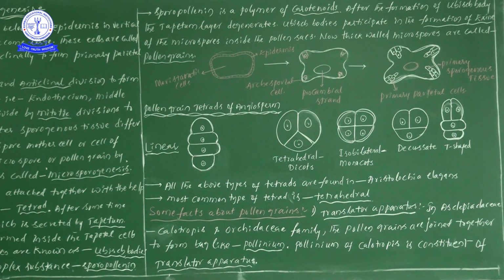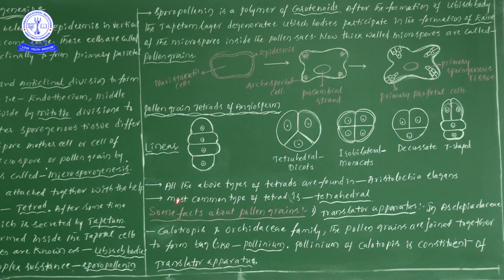We don't know how each occurs, but all types of tetrads are found in Aristolochia elegans: linear, tetrahedral, isobilateral, decussate and T-shaped. Likewise, different types of tetrad arrangements can be seen in Aristolochia elegans.